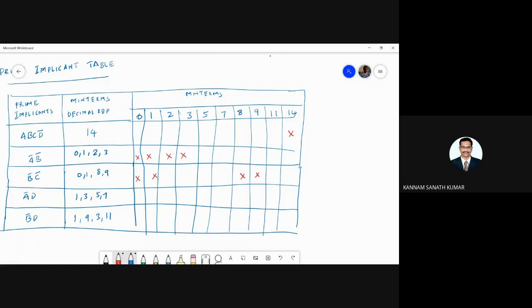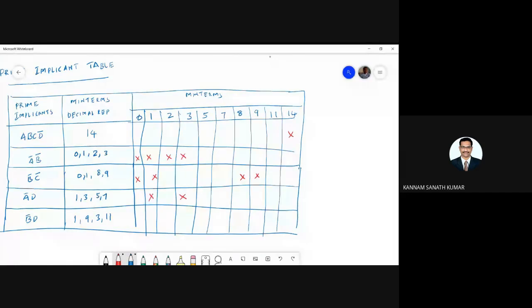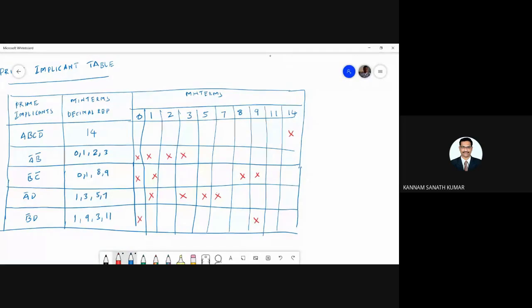Okay, so here 1, 3, 5, 7. Okay, here 1, 9, 3, 11. Okay, so now what should you do? You should circle wherever only one cross mark is there.